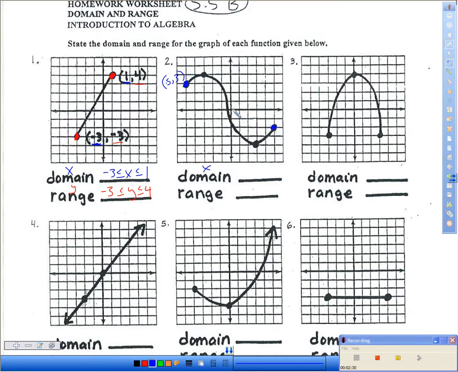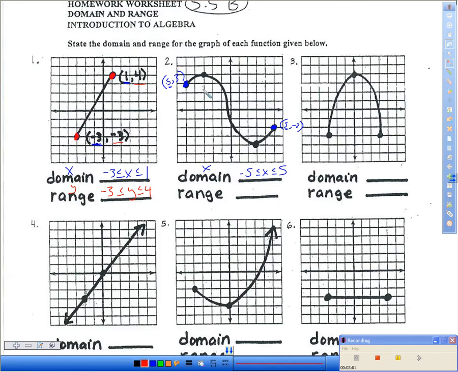The coordinates of that point are (5, -2). So the smallest domain value is -5, and the greatest domain value is +5. So we would write that as -5 is less than or equal to x is less than or equal to 5.